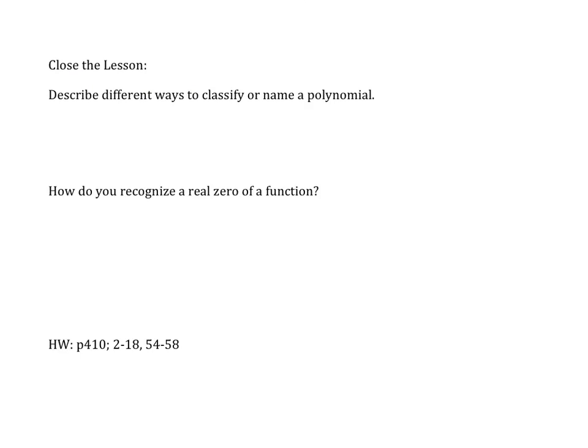Let's close the 6.1. Describe different ways to classify or name a polynomial. We can name it by the number of terms, binomial, trinomial, polynomial with 4 terms, and by its degree.